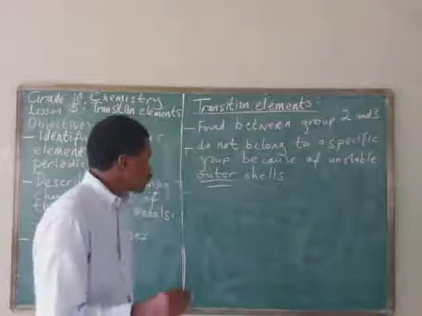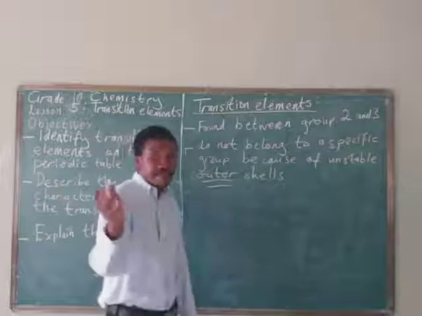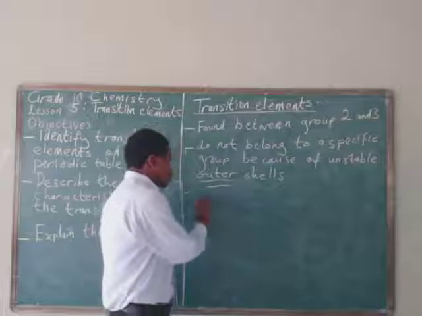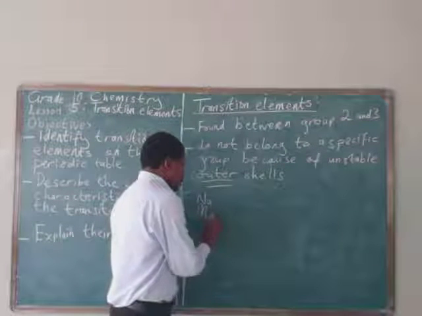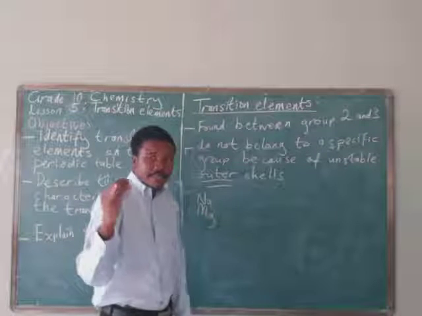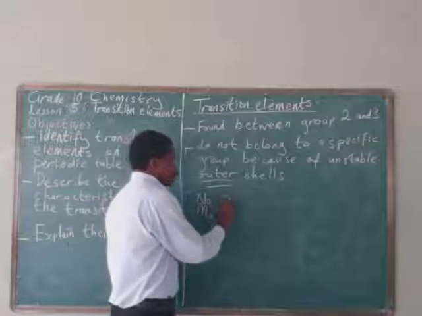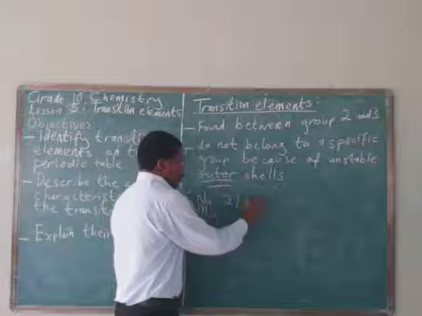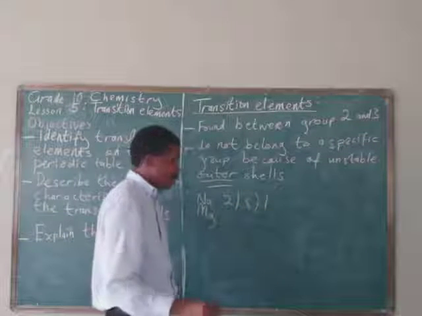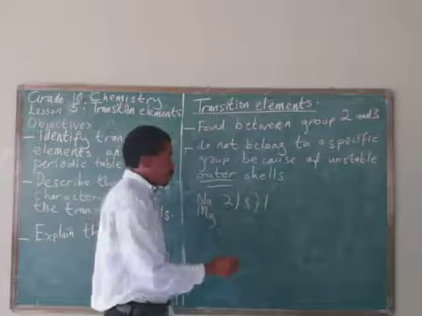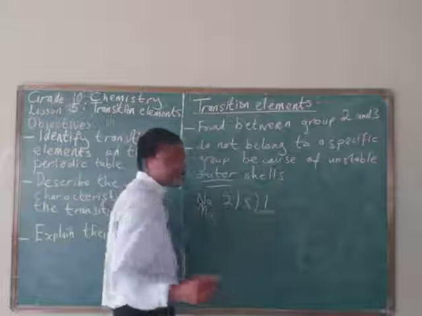So for example, to give the most common example, if we say sodium, or if we think of magnesium, remember that sodium has this electron configuration of 2, 8, 1. And that 2, 8, 1 implies that it has 1 electron in its outermost shell.